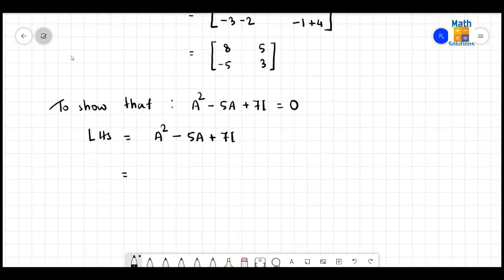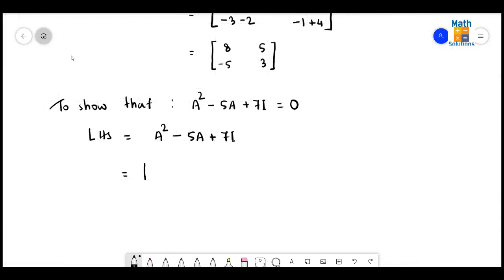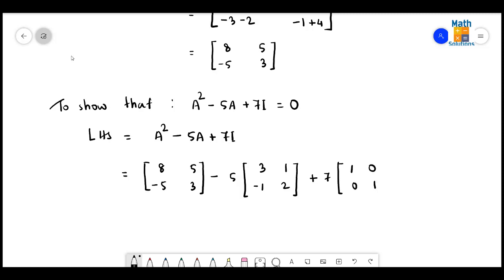In place of A square, we can put the value which we obtained just now, 8, 5, minus 5, 3, followed by minus 5. In place of A, the given matrix we need to write, and that is 3, 1, minus 1, 2. Then after into 7, then here I is nothing but the identity matrix of order 2, 1, 0, 0, 1.